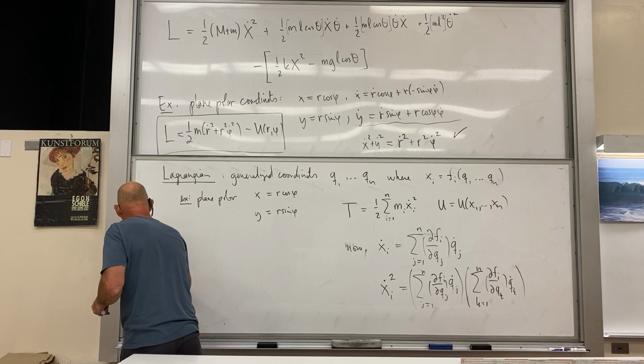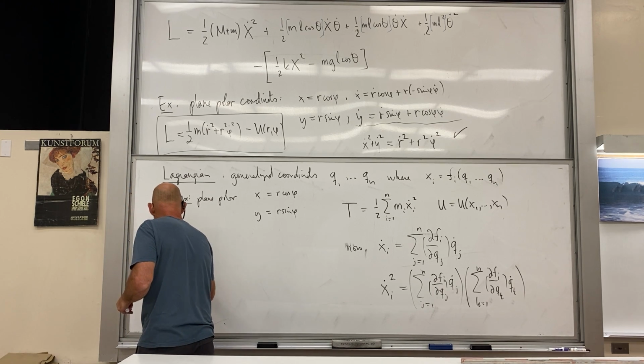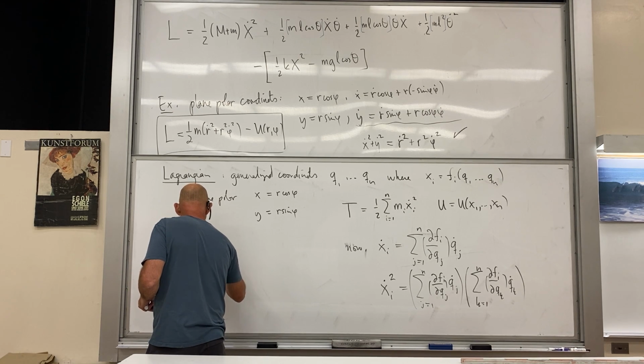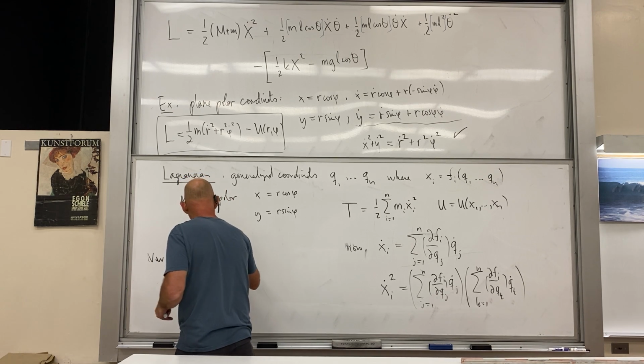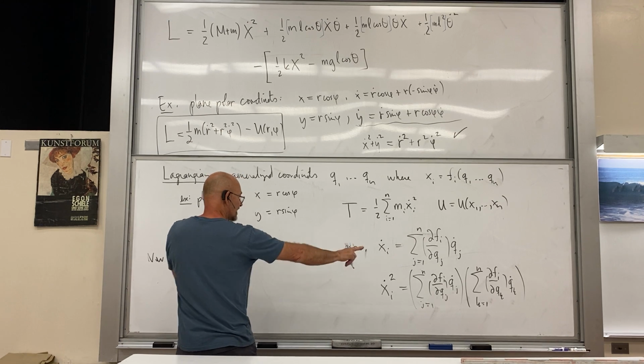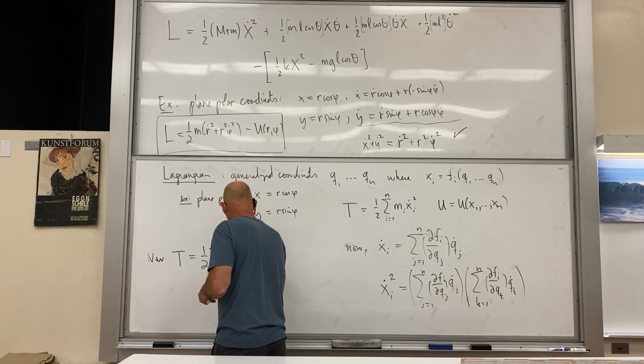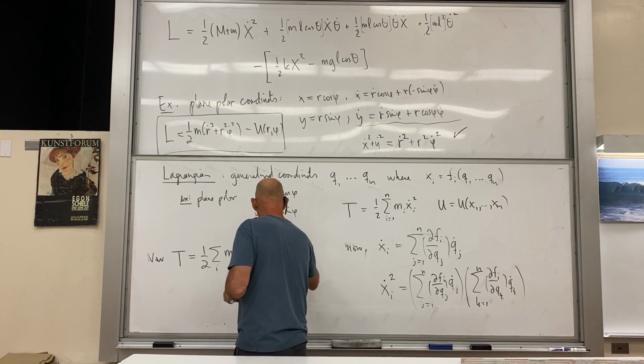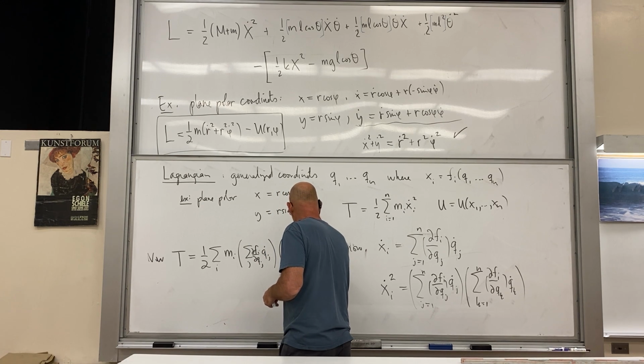So now T is equal to, let's just do the definition, 1/2 sum over i, m sub i, and now we have to plug these two in, sum over j, partial f sub i, partial q sub j, q sub j dot, sum over k, partial f sub i, partial q sub k, q sub k dot.